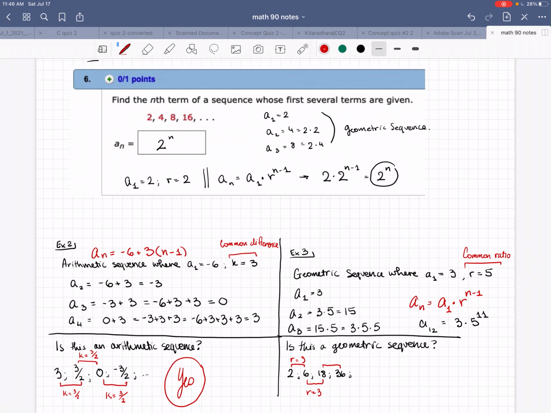Oh, but we have a problem. To get from 18 to 36, you would not multiply by 3, you would multiply by 2. So right away, we see this is not a geometric sequence because there isn't a common number by which we would multiply all the way through for each consecutive term to get the next term.